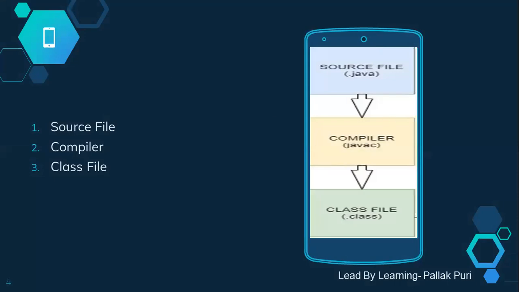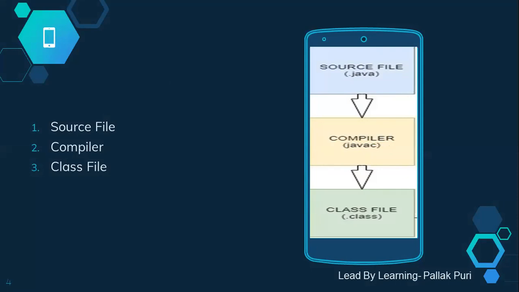So next we'll start with the architecture of JVM. As we know, and have already discussed in the previous session, we have a source file which is called a .java file. That source file is fed into the compiler, which is the javac compiler, and the compiler compiles the source file and converts it into a class file.